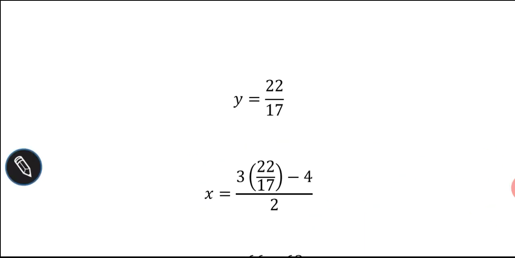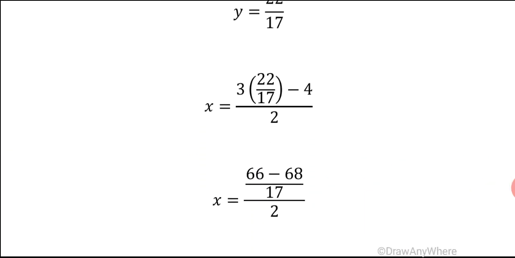So 3 into 22 is 66, and taking the LCM, 17 into 4 is 68. So 66 minus 68, the whole divided by 17.